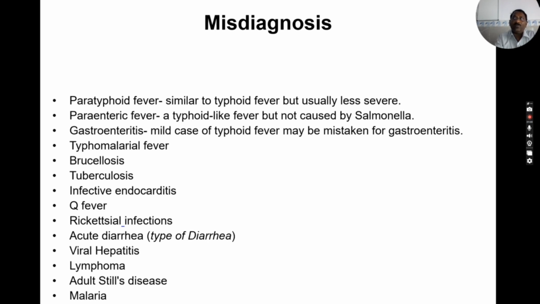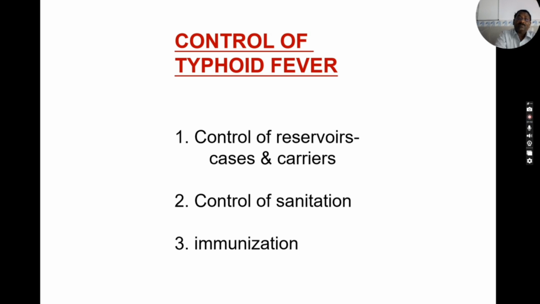Malaria, typhomalarial fever because of fever, chills and rigors, some spots, etc. Brucellosis, early tuberculosis, infective endocarditis, Q fever, rickettsial infections, acute diarrhea, viral hepatitis, lymphomas, adult Still's disease, malaria, and then acute HIV infections. So these are all the misdiagnoses or DDs for your typhoid fever.